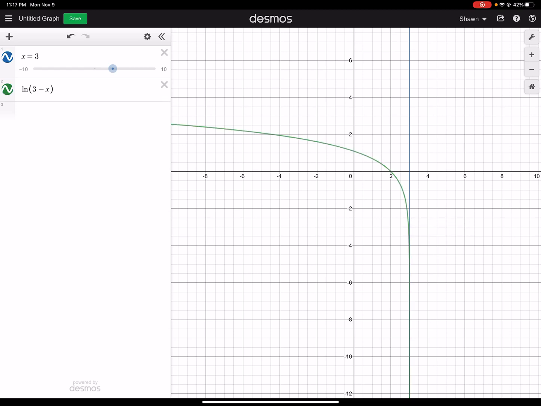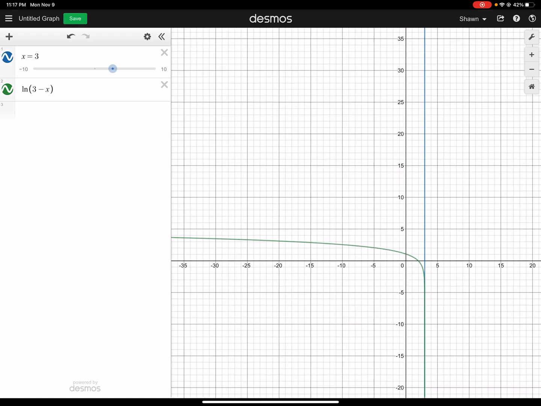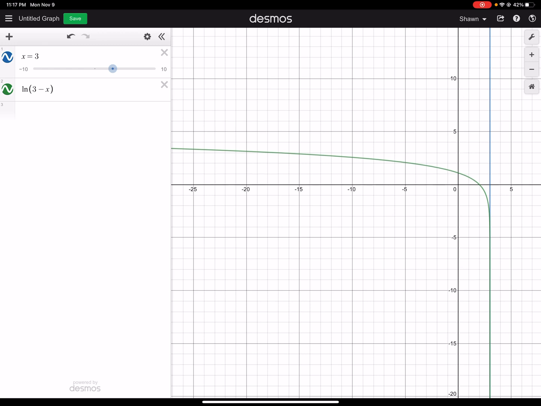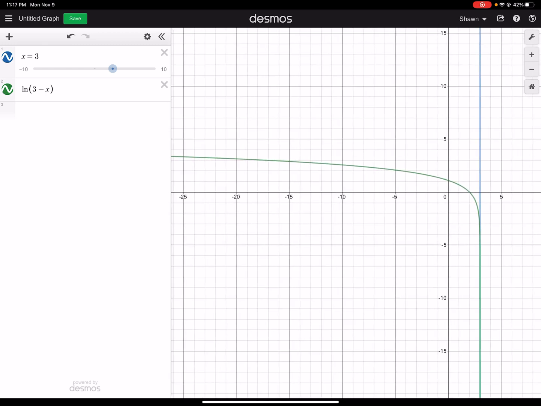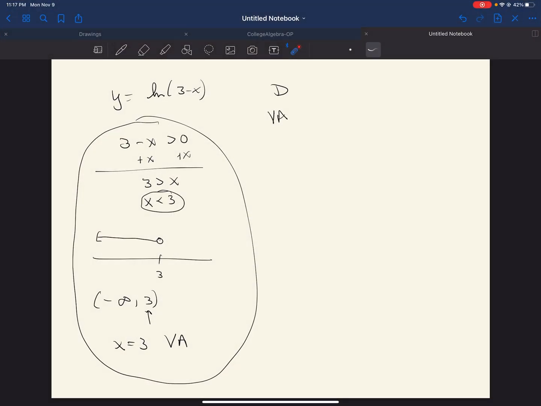All the way on the positive side over here, there's never any green dots. But over to the left, all the way down to negative infinity, we can have values all the way down there. And here's how we could have figured that out a different way than just using this algebraic approach.